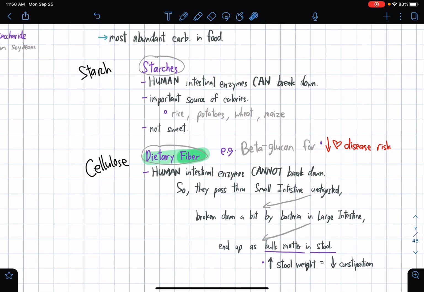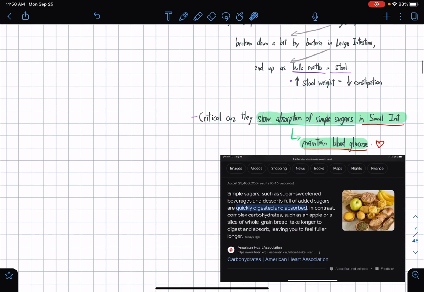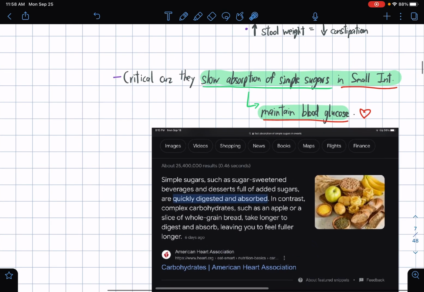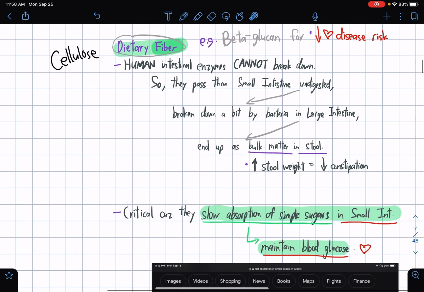And for starches, human intestinal enzymes can break them down. It's one important source of calories, and it's not sweet. So I guess you can call starch a natural sugar. I'm not sure, but it's something to ponder about. And dietary fiber is critical since it also slows absorption of simple sugars in the small intestine.